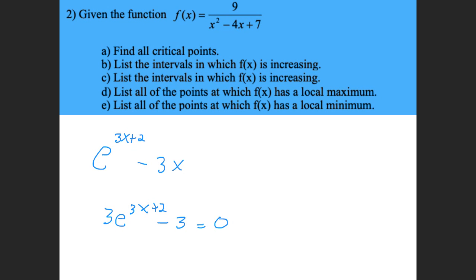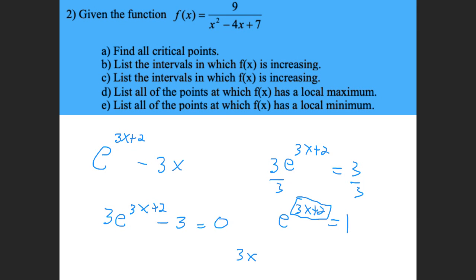Okay. So if I was going to solve this, I would add 3 to both sides. So I'd end up with 3 e to the 3x plus 2 is equal to 3. Then I would divide through by 3. So e to the 3x plus 2 is equal to 1. Well, that means this has to be 0, doesn't it? In order for this to be true, this has to be 0.